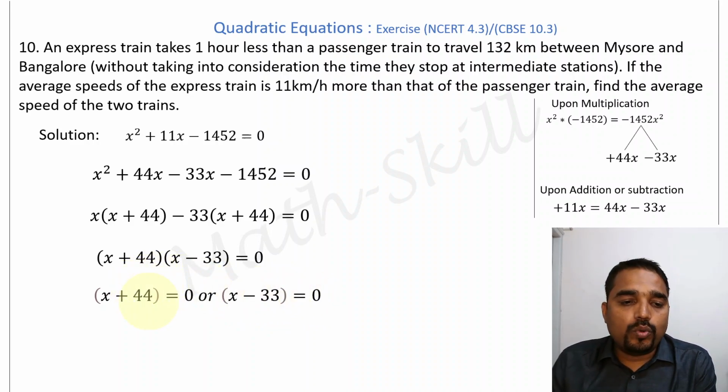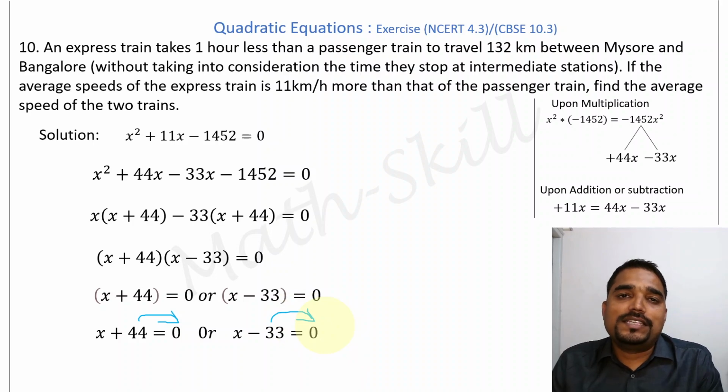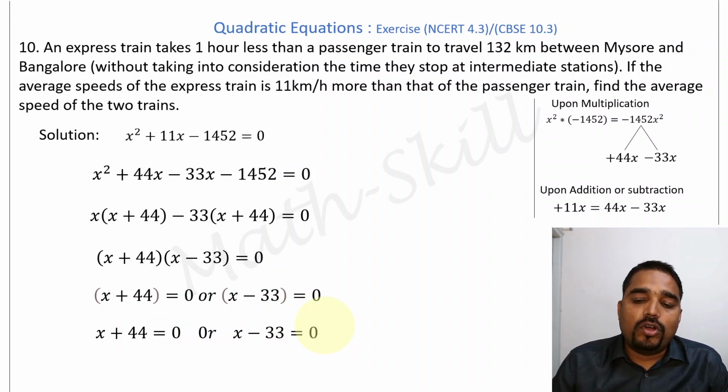Since nothing is getting multiplied, we are left with x plus 44 equals 0 or x minus 33 equals 0. Upon transposing, plus 44 becomes minus 44 and minus 33 becomes plus 33. That is, x is equal to minus 44 or x is equal to plus 33.